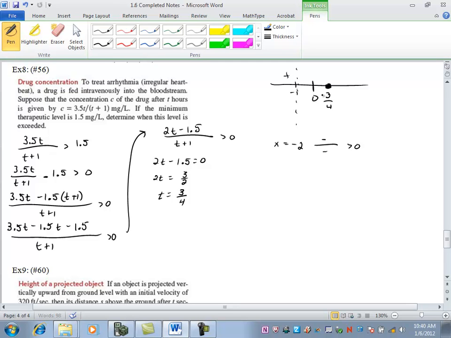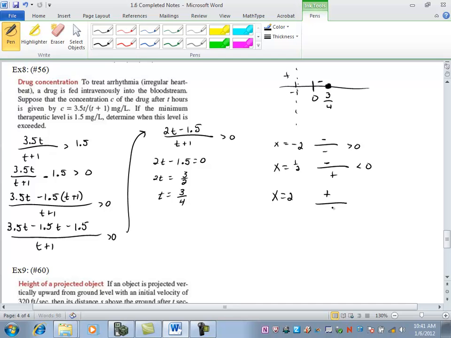Here's 0. Let's look at 1/2. X equal 1/2. 2 times 1/2 is 1 minus 1.5. That's going to be a negative. 1/2 plus 1 is greater than 0. Whoops, excuse me. This should go right here. And then when x equals 2, well, 2 times 2 is 4 minus 1.5.